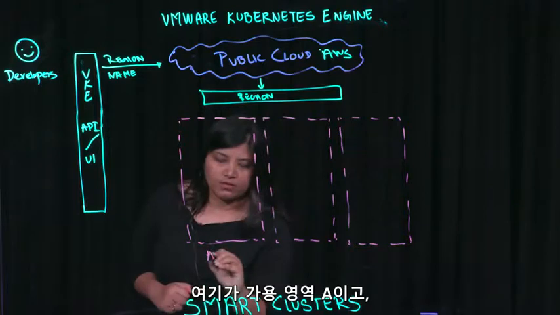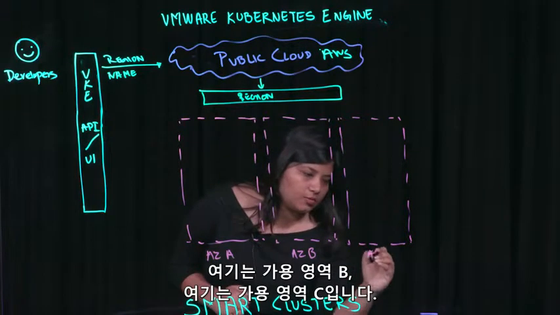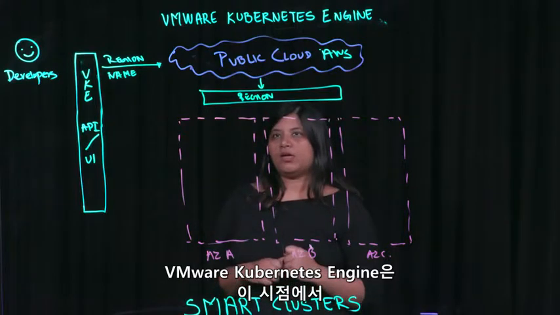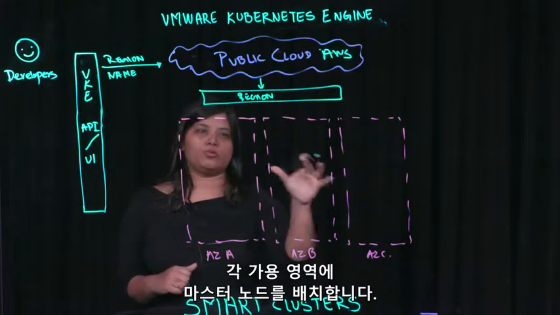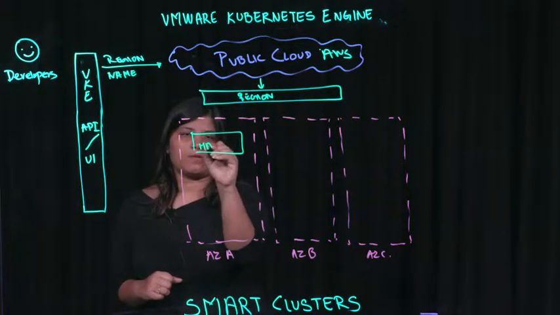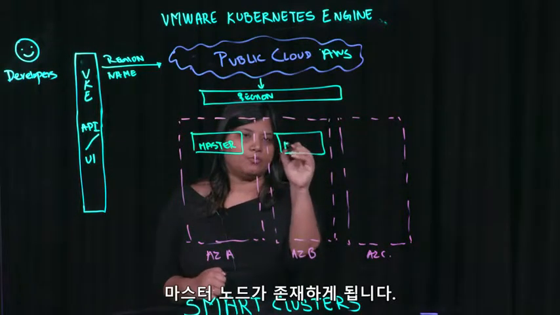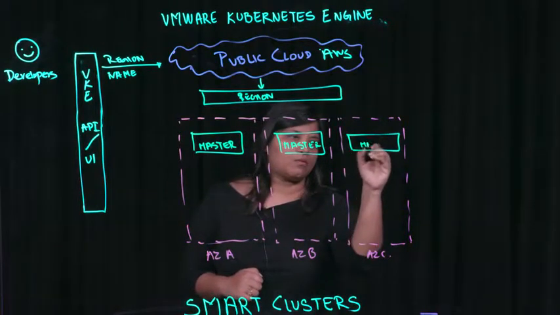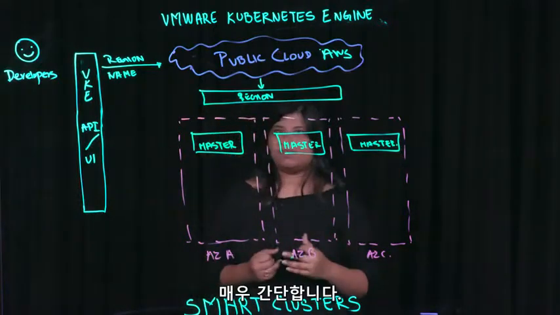This is availability zone A, this is availability zone B, and this is availability zone C. VMware Kubernetes Engine will start deploying master nodes, placing a master node for the cluster into each availability zone. It's as simple as that.